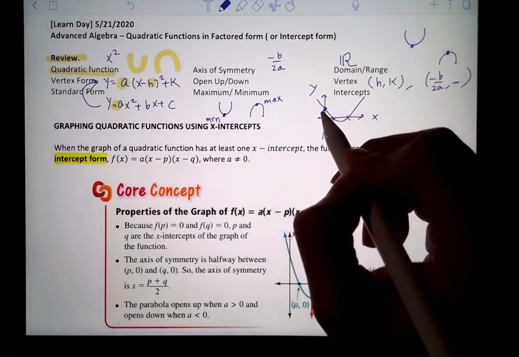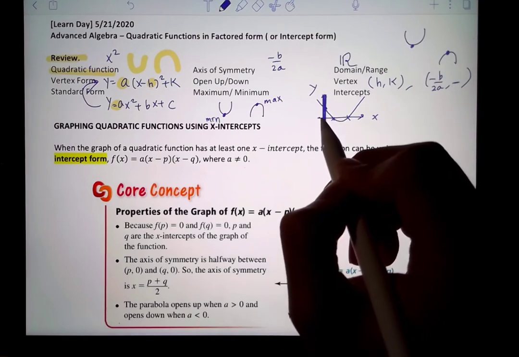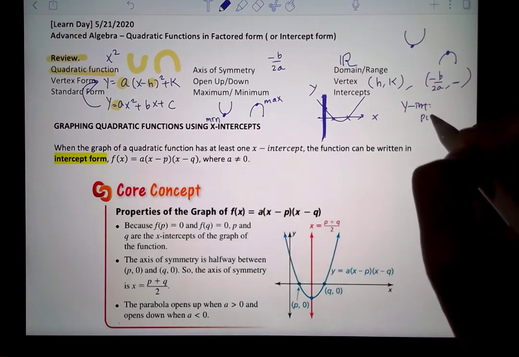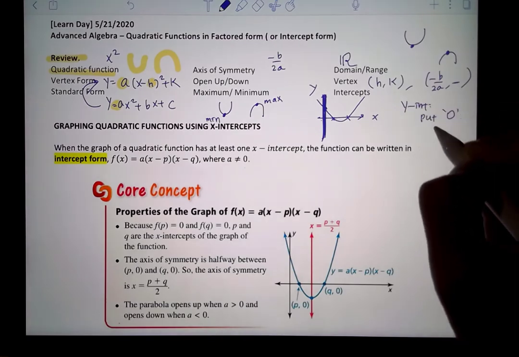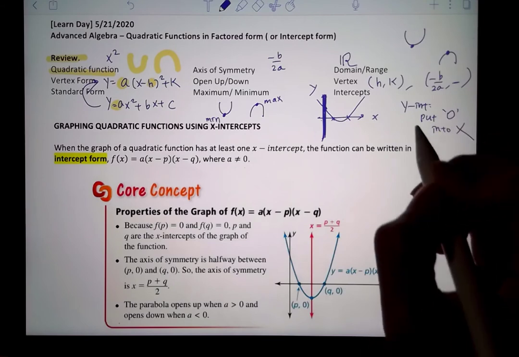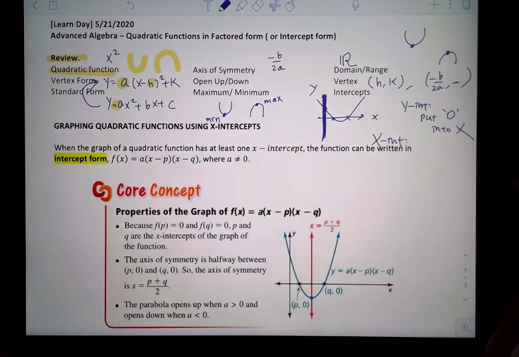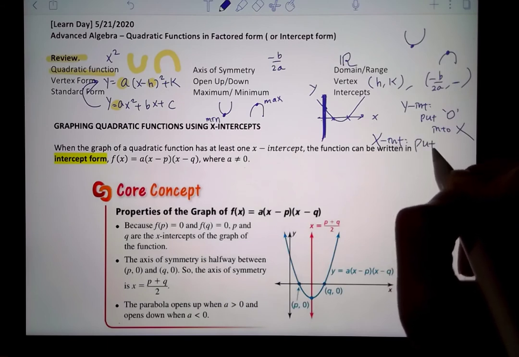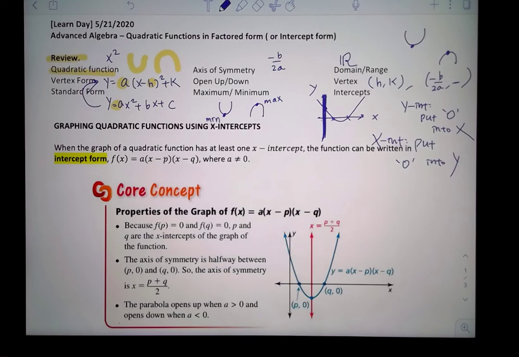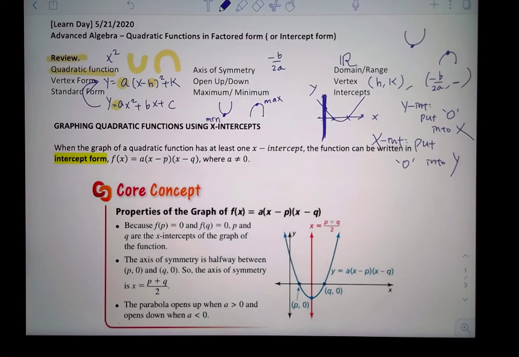To get the y-intercept, which is on the y-axis, x is 0. So you put 0 into x, then you get your y-intercept. To get your x-intercepts, it's the opposite: you put 0 into y, and then you can get the values. But we will do something more about this.